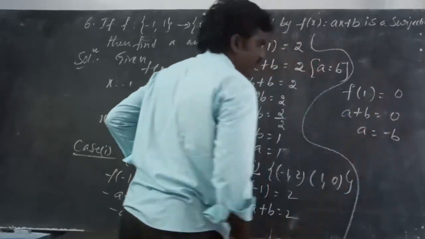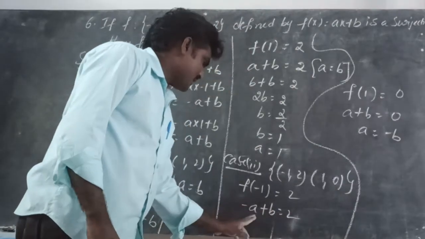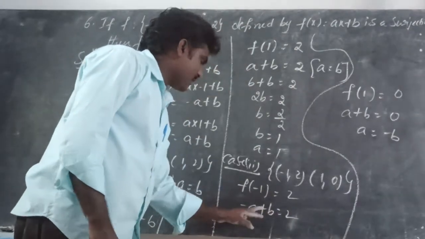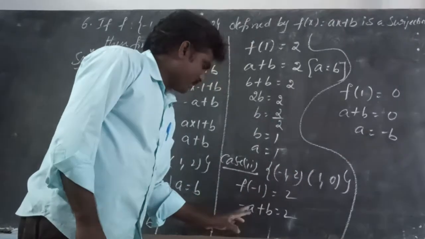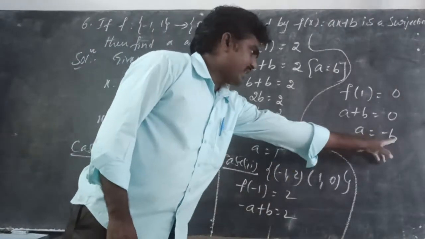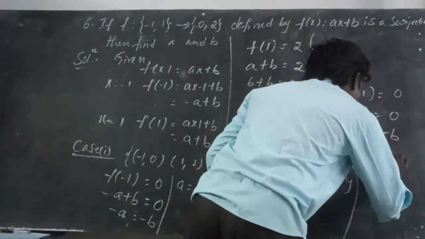So a is equal to minus b. Okay, so in minus a plus b, in the place of a we take minus b.